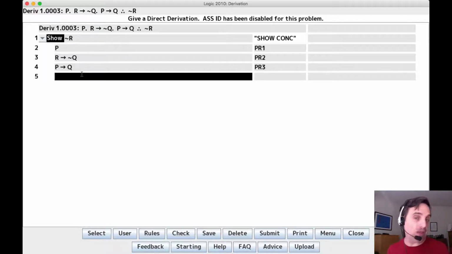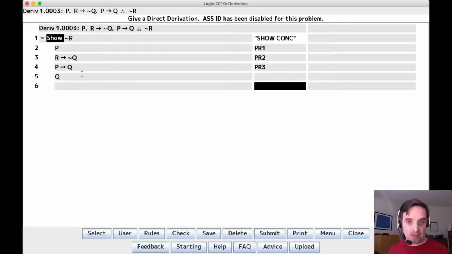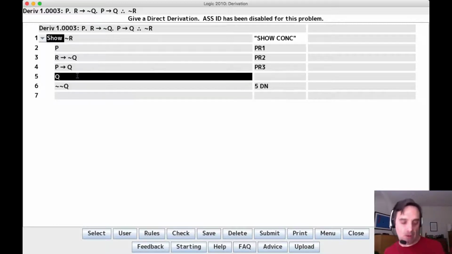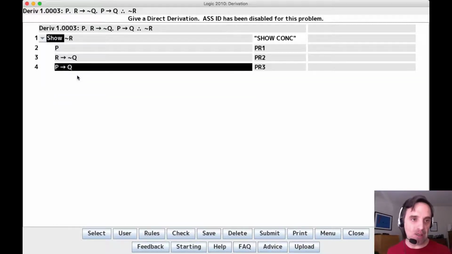If we had Q, we could apply double negation, and we would get not Q, and then we could do modus tollens, but we don't have Q either. So we don't seem to have what we need to do modus ponens with line 3, R, and we don't seem to have not Q for modus tollens, and we don't seem to have either of those by themselves on a line. So line 3 for right now looks useless.